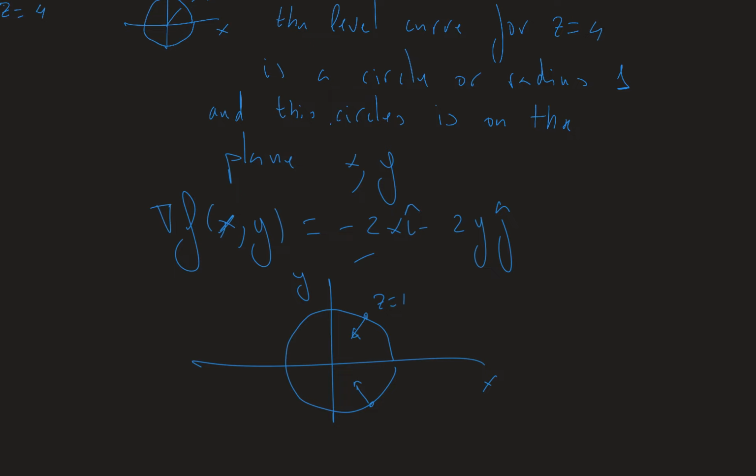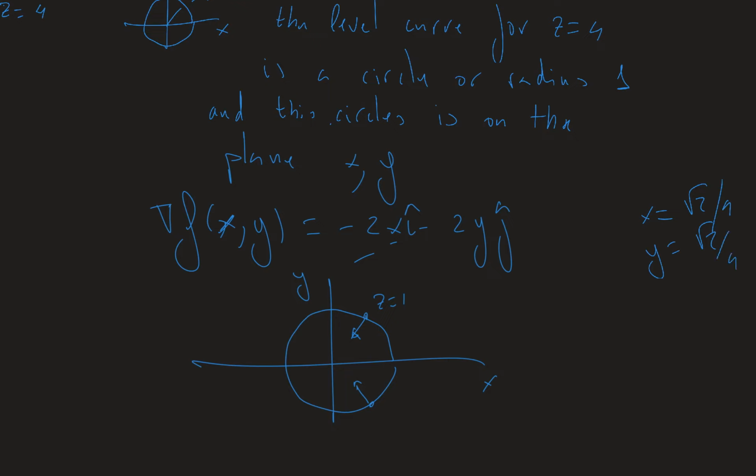If you choose the point, let's say, x equal square root of 2 and y equal square root of 2, it is a point whose x squared is 2, y squared is 2, and x squared plus y squared is 4.